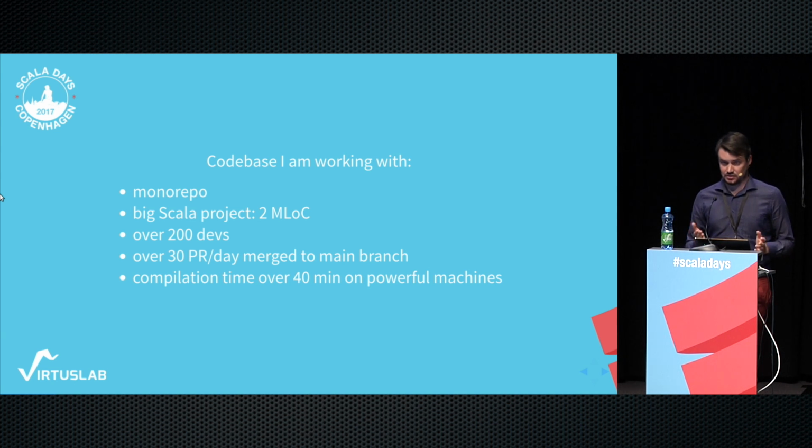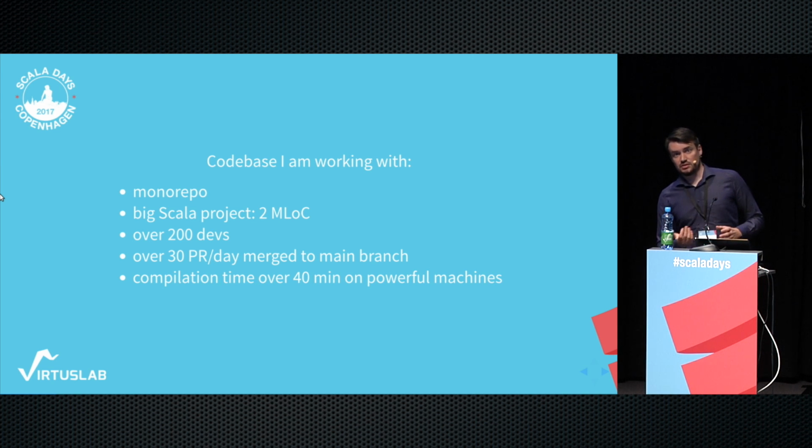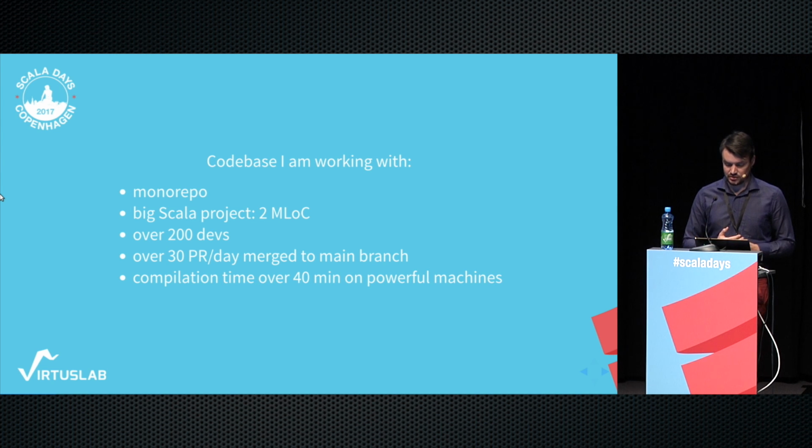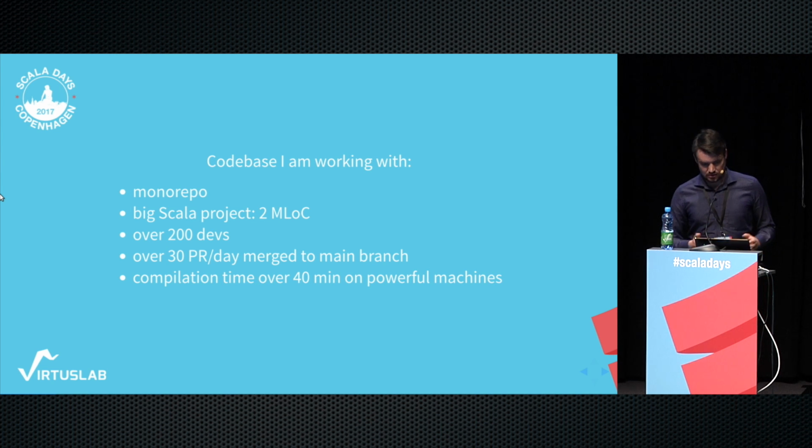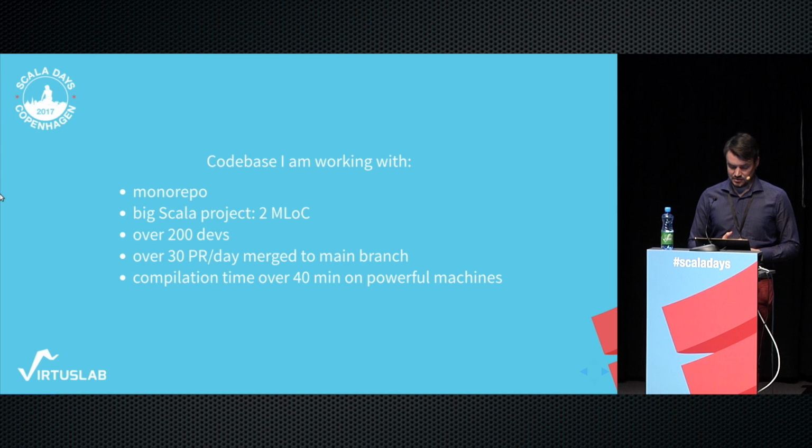It means around 13 PRs get merged to the main branch every day. And compilation time, which is the biggest problem, takes over 40 minutes. And the machine that we compile on is quite powerful. It's almost a server, a 6-core Xeon processor, 32 gigabytes of RAM and an SSD drive. So this is not a normal laptop.